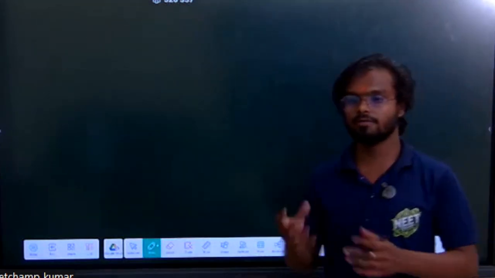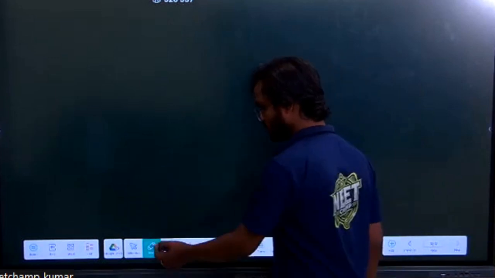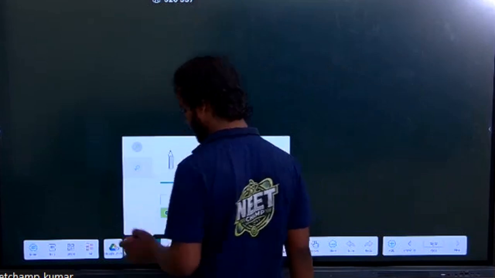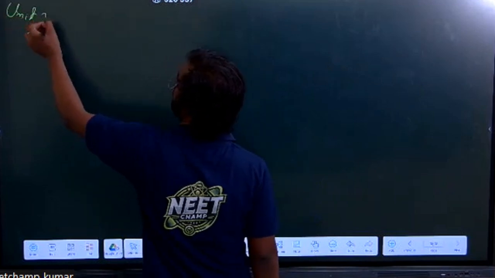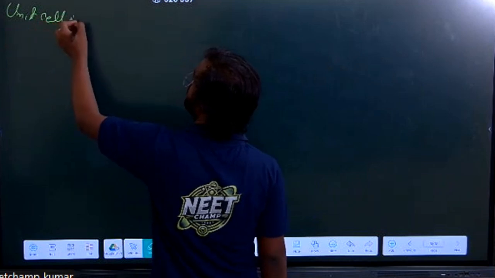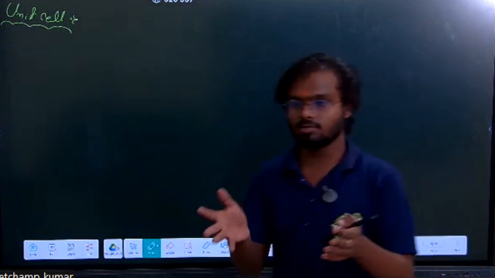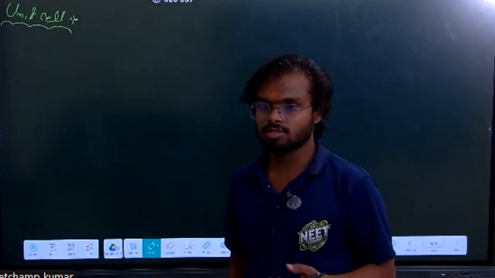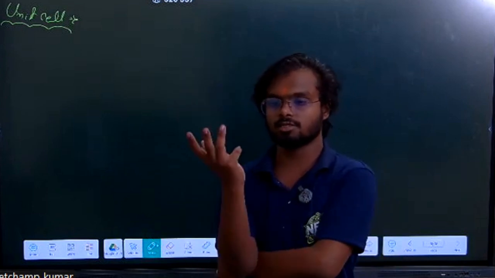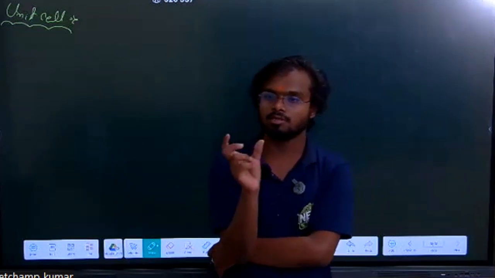So our first topic is how the different types of solids are there and what the different types of structure are. First we have to understand what we mean by unit cell. If I give you an example, suppose you see some building or some house. That house is a structure, but it is made up of a smallest thing.